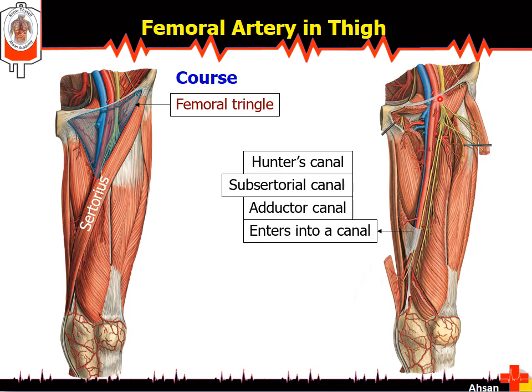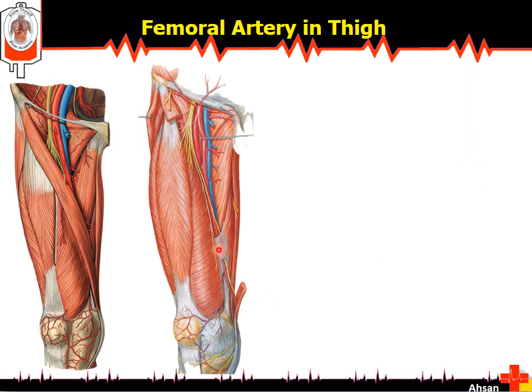So it arises from the inguinal ligament, passes over the floor of the femoral triangle, enters into the adductor canal or subsartorial canal behind the sartorius muscle, and finally it ends at the level of an opening in the adductor magnus. This is at the lower or distal end of the adductor canal. You can see this is the adductor canal, and this is the sartorius covering it.